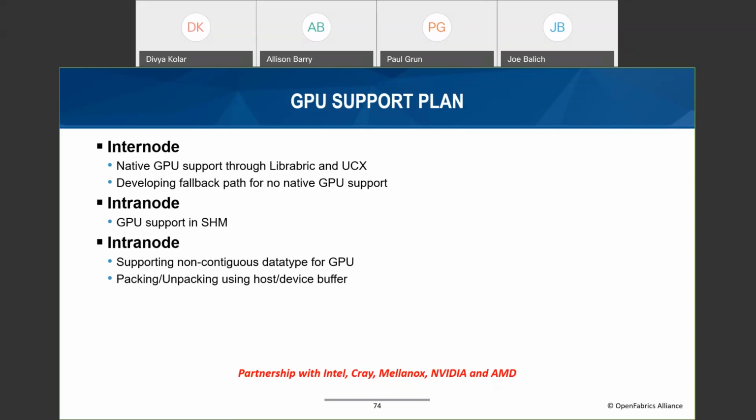A big part of the support is the data type engine, which I'll mention in the next few slides. So this is basically the overall plan of GPU support in MPICH. Next slide, please.